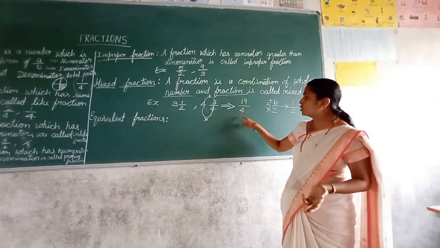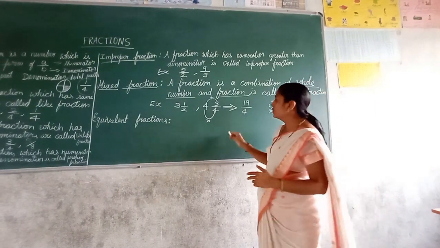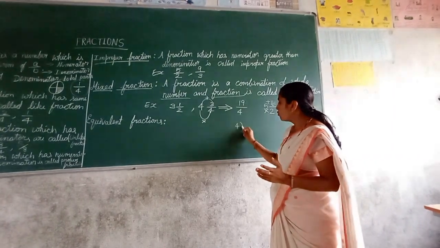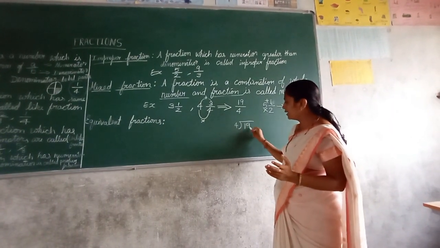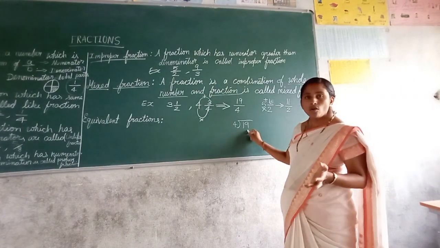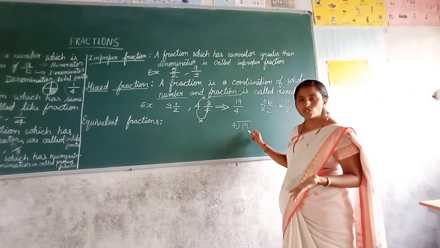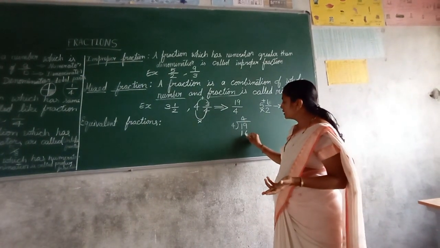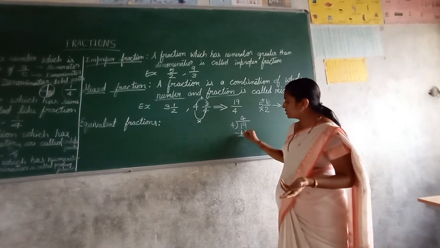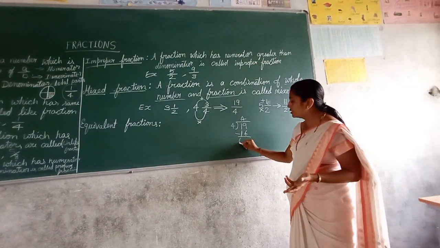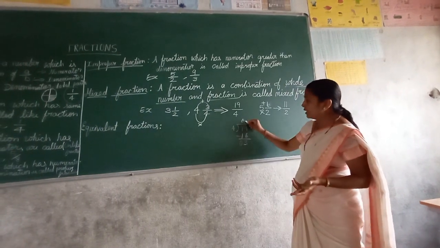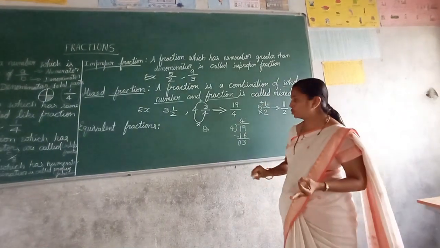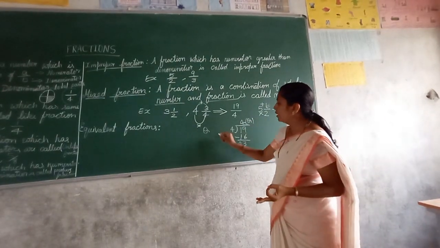If you like to convert the same fraction, then what you have to do, as you have learned in the lower classes, is division: 19 divided by 4. 4 how much? 4 4s are 16, 4 5s are 20. 20 is not possible here. So let us take 4 4s are 16. Then as you know, here we have to subtract: 19 minus 16. It is 3. This quotient becomes the whole number.